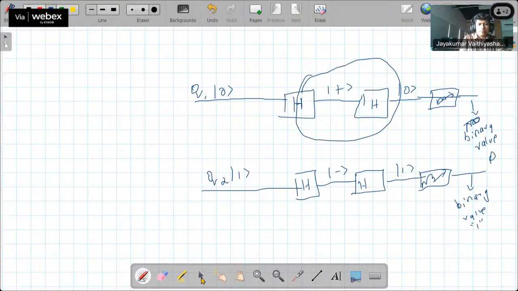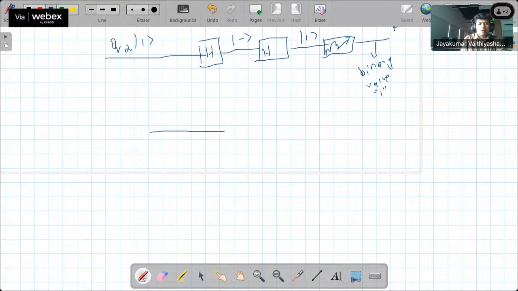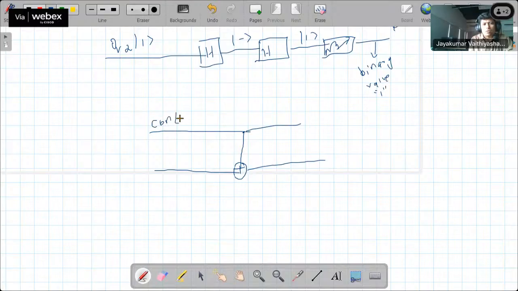Suppose, imagine you have control now. Normally this will act like control, this will act like target. Am I correct? Suppose you have state 0, here you have 0, you'll get 0, 0.